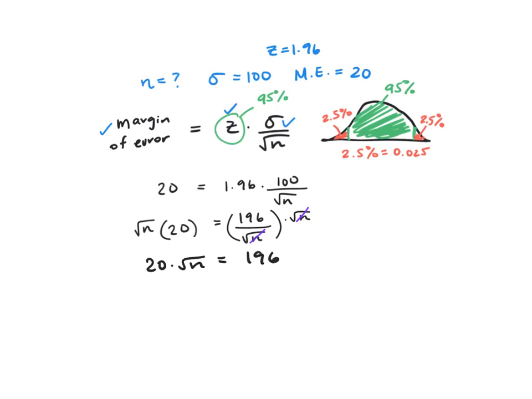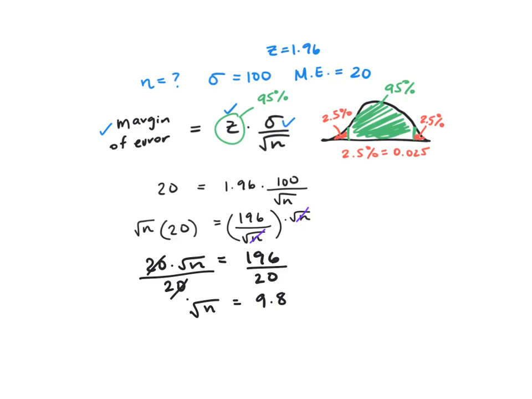And then we're going to divide both sides by 20. And that's going to give us 9.8, I believe.